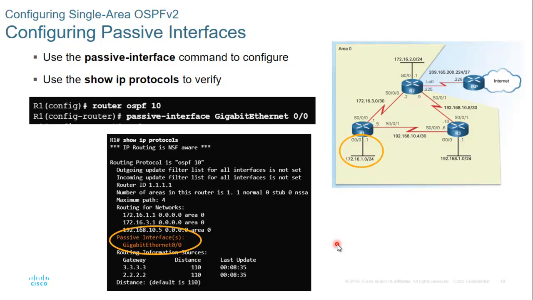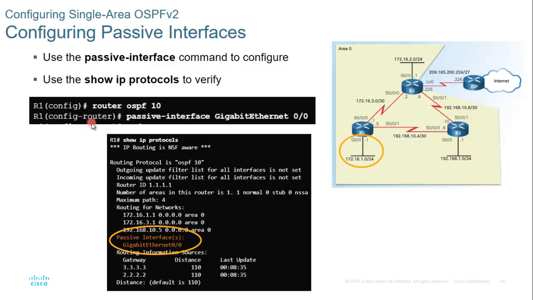Configuring passive interface is the same. You type passive-interface GigabitEthernet 0/0. This is the interface that you want to make passive. So in this case, you put Gigabit 0/0 in R1, Gigabit 0/0 in R2, Gigabit 0/0 in R3.